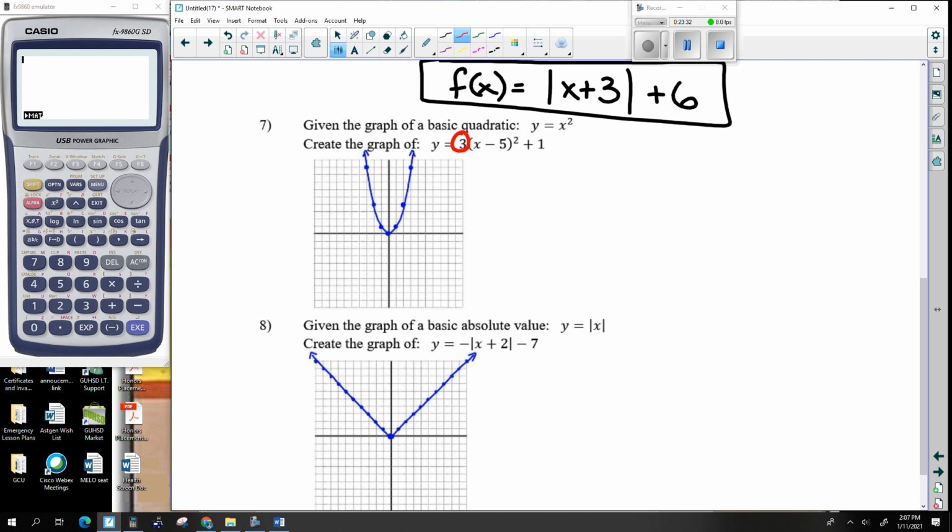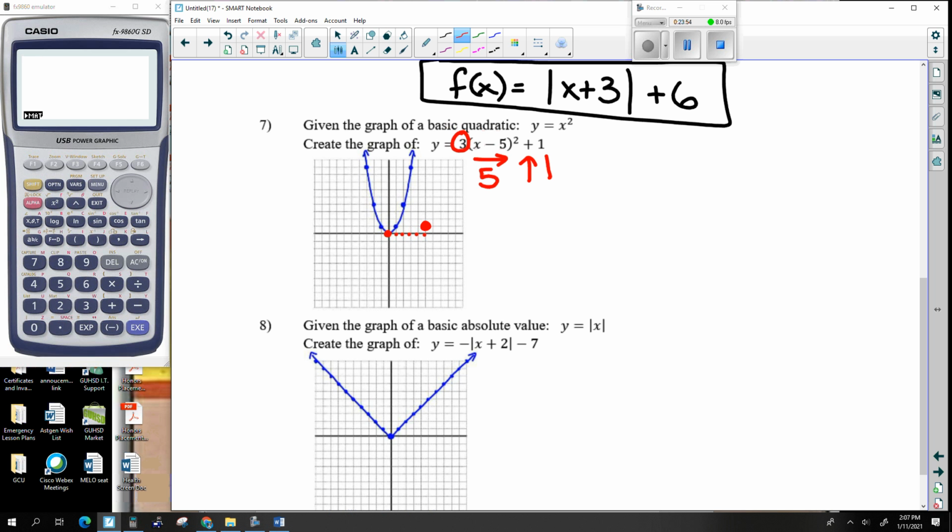If there's outside numbers and negative signs, you have to do all of the motions first. So this is going to be a right 5, up 1. That is what we do first. We move this to the right 5 and up 1. So it's right here, so we move it right 5, 1, 2, 3, 4, 5, up 1.